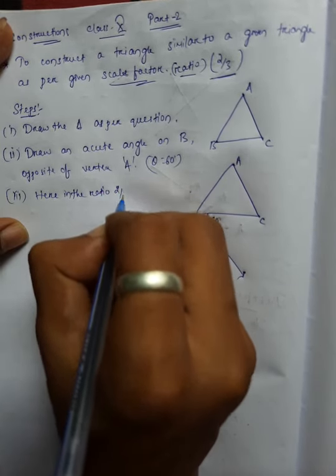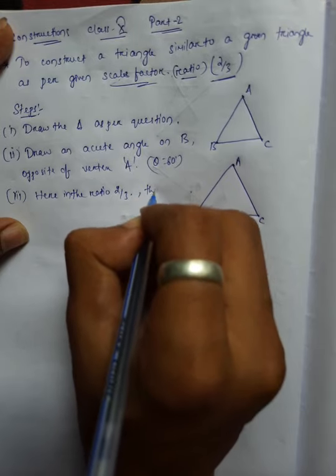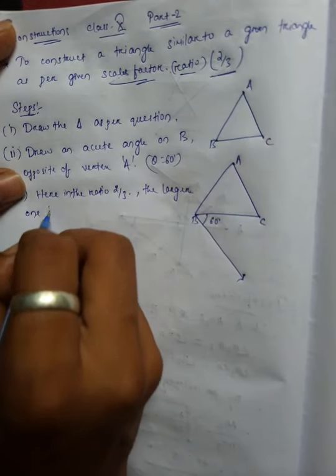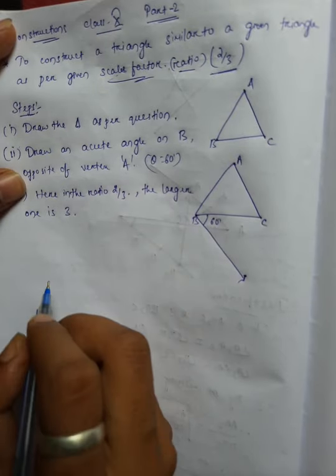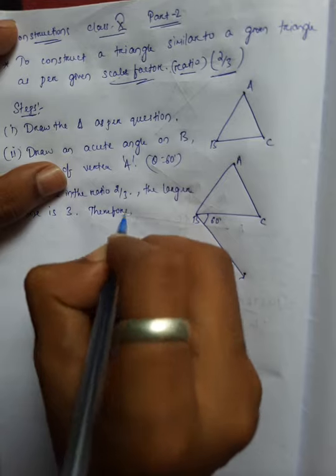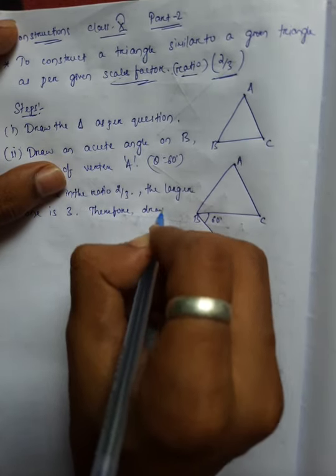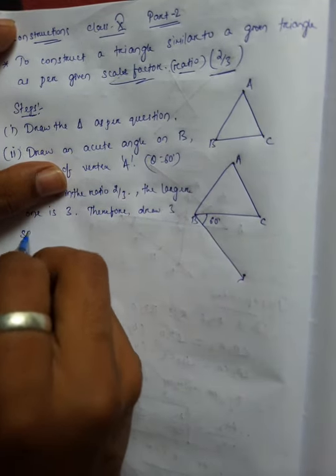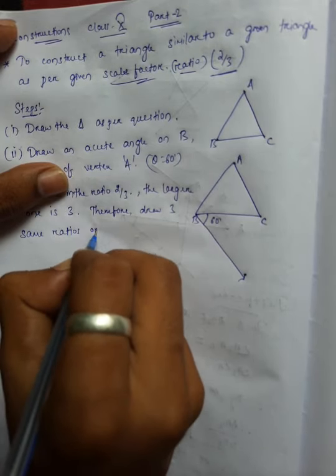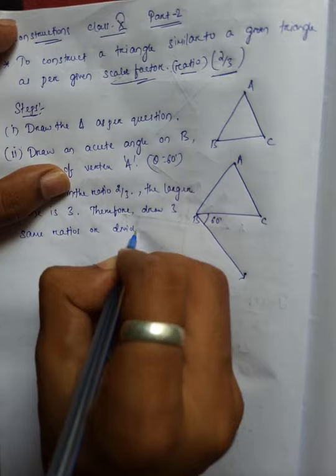In the ratio 2 by 3, the larger one is 3. Therefore draw three equal parts, or we can write divide.